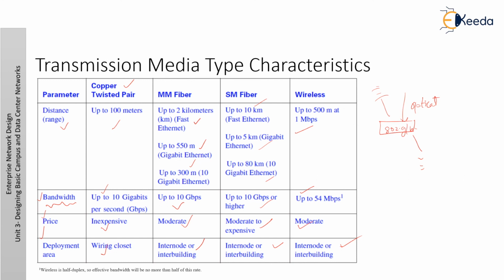Next consideration is price. Along with the price of the medium, the installation cost must be considered. Fiber installation costs are significantly higher than copper installation costs because of the strict requirements for optical fiber cabling. Then come to deployment area. It indicates whether wiring is for the wiring closet only, where users access the network, or for internode or inter-building connectivity.